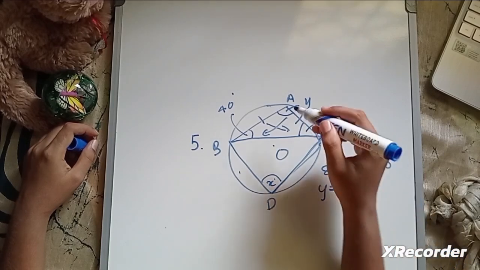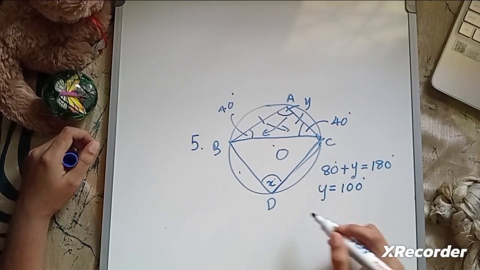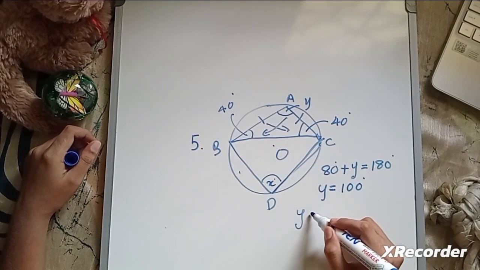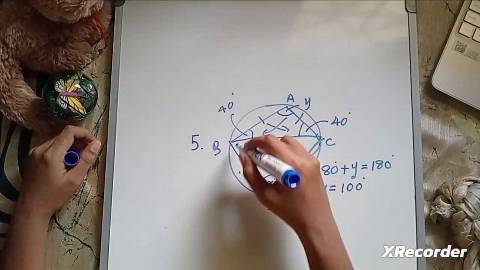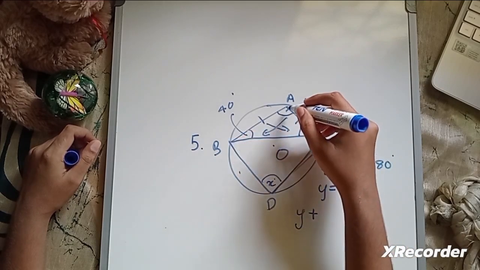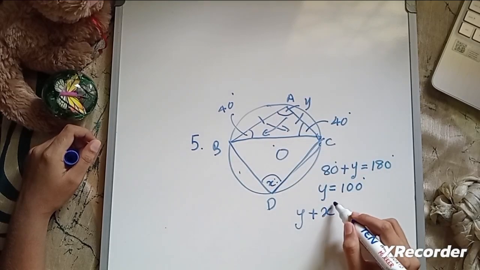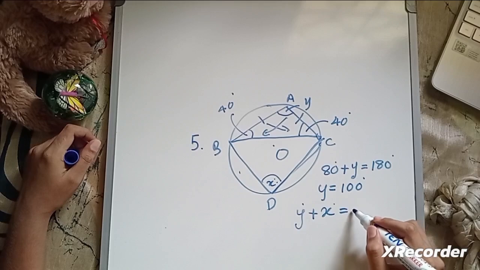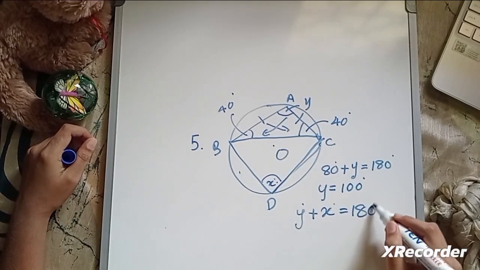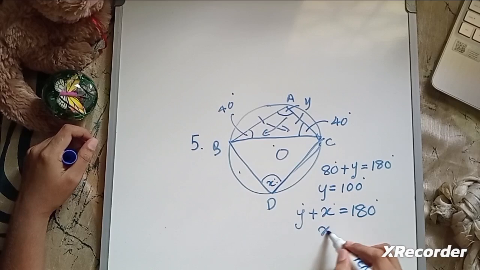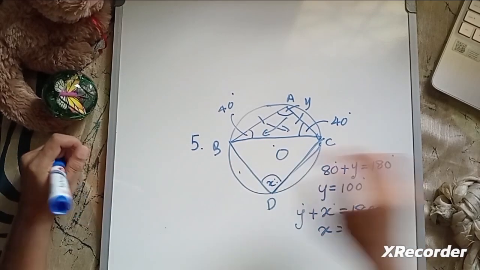Then we can simply say the sum of the opposite angles in a cyclic quadrilateral. So this is a cyclic quadrilateral, and you can see these are opposite to each other. So these two angles sum to 180. So x simply is 80 degrees.